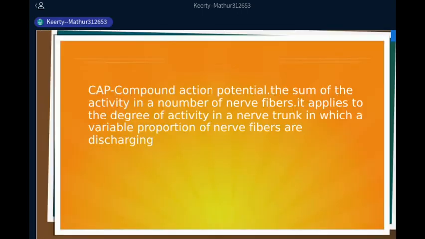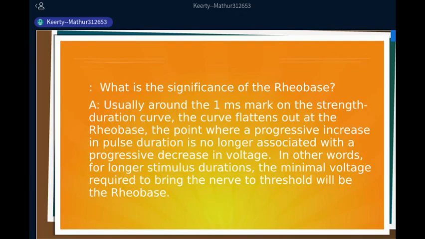Then there is one more term which is called CAP, which is compound action potential. It is actually the sum of the activity in a number of nerve fibers, and it applies to the degree of activity in a nerve trunk in which a variable proportion of nerve fibers are discharging. So actually this is an average potential. Then what is the significance of Rheobase?